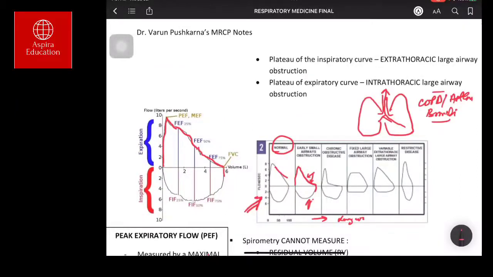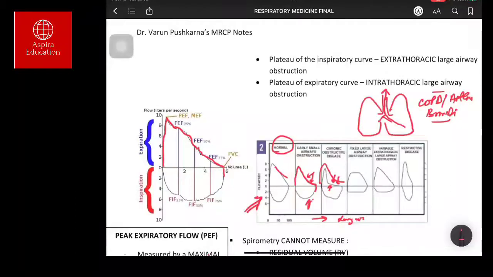Then comes terminal COPD, where the patient exhales and again you see the plateau is so much that it literally becomes a flattened curve.